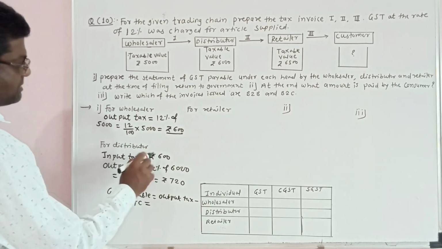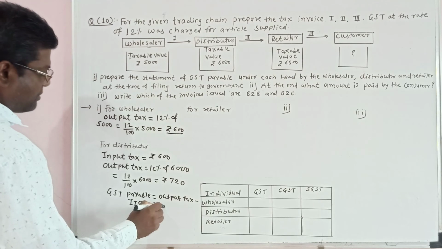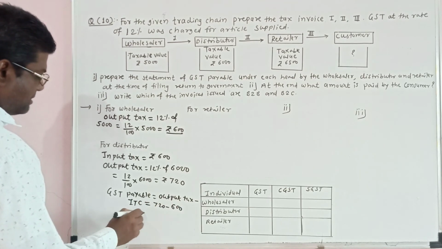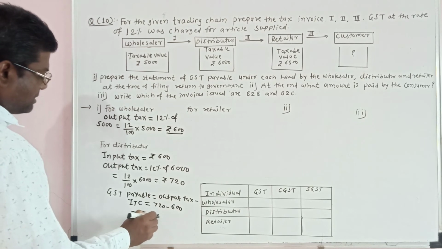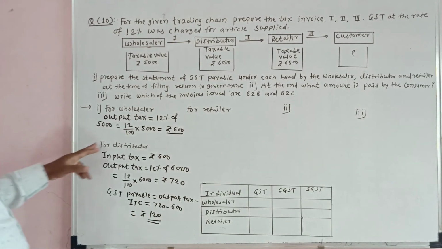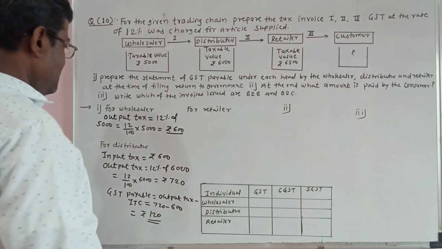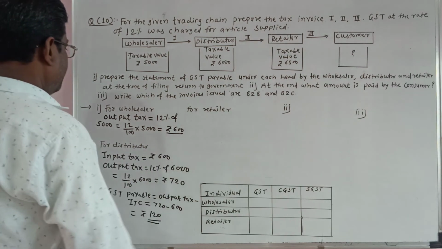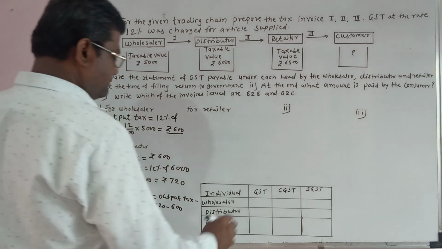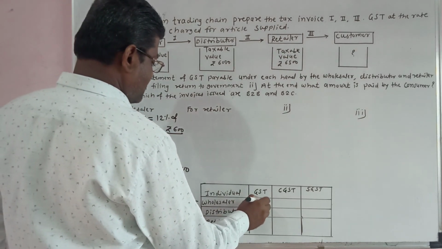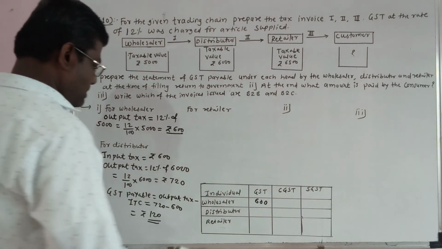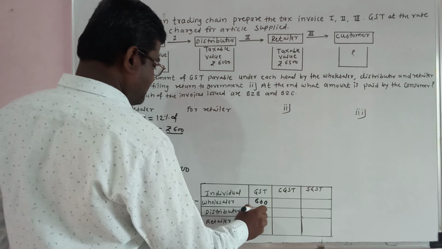ITC is input tax. 720 minus 600 is equal to rupees 120, the GST paid by the distributor. So GST paid by the wholesaler is 600. GST paid by the distributor is 120.